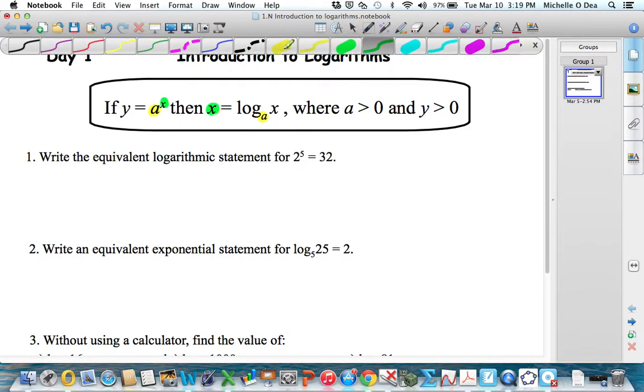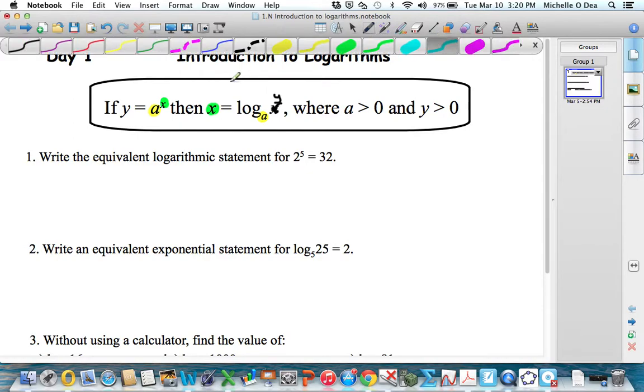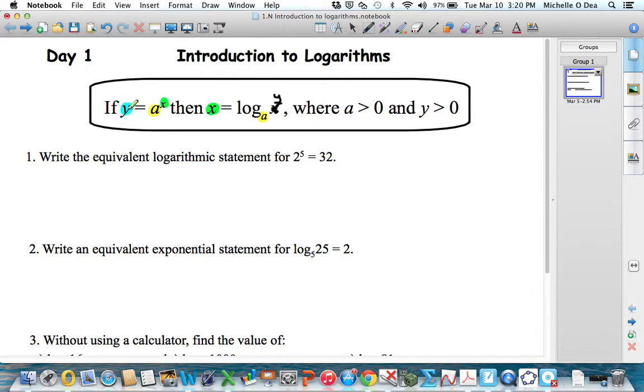So let me just change this because there is an error. This here should be your y. Okay, so then finally, whatever the exponential is equal to, that's what you take the log of.